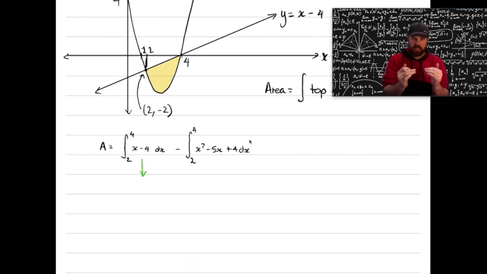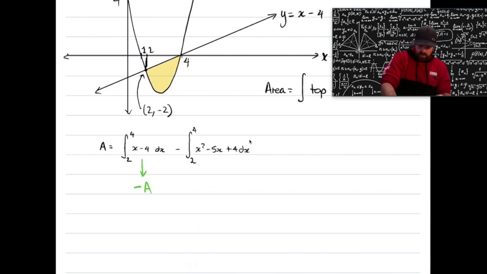Because it's below the x-axis, it's going to produce a negative result. Let's just call it negative 8. It's not technically a negative area, but let's just call it negative 8 for the moment.